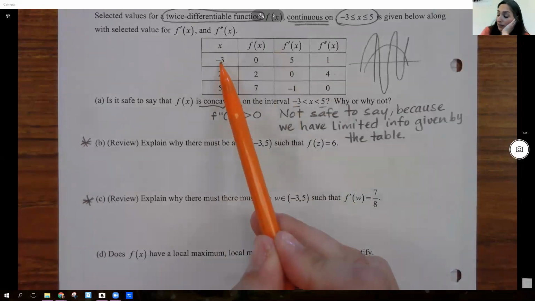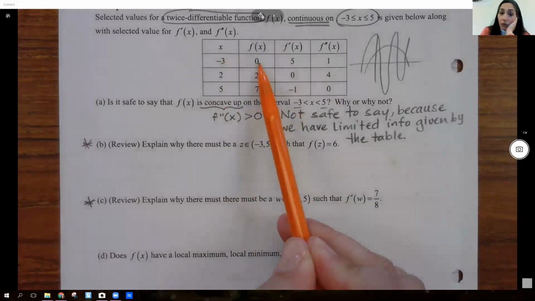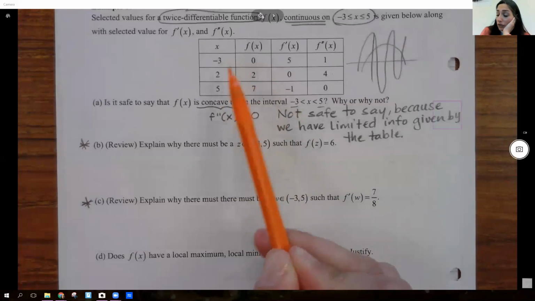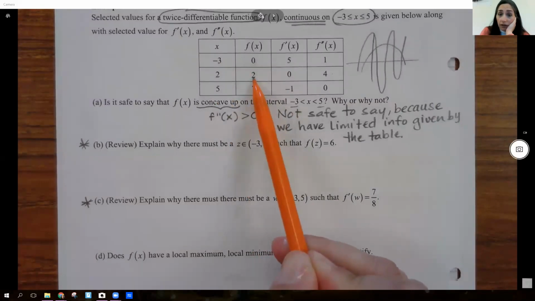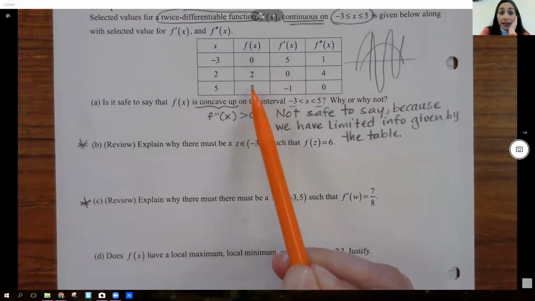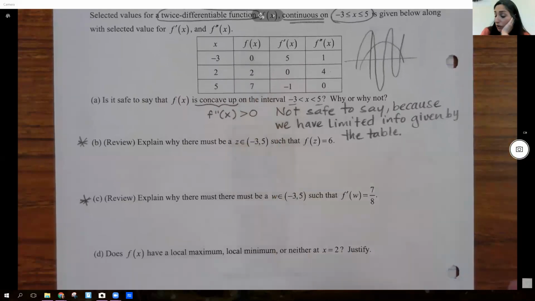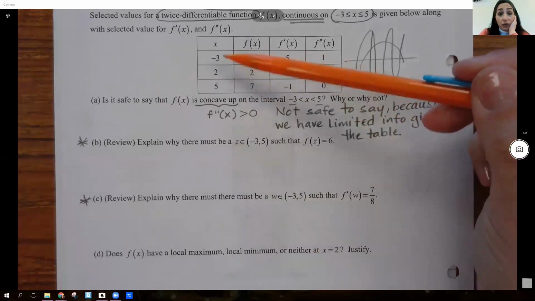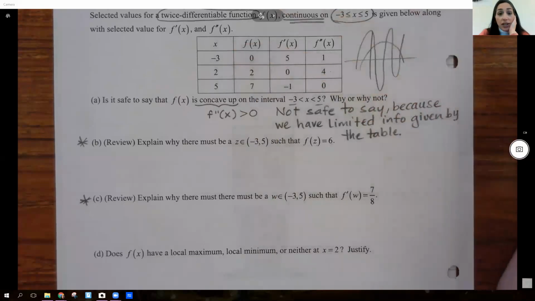So at -3, we're here. That's the Y value. At 2, we're here. And at 5, we're here. So explain why there must be a Z, which is just another X value, such that when you evaluate the function at that Z, it equals 6.